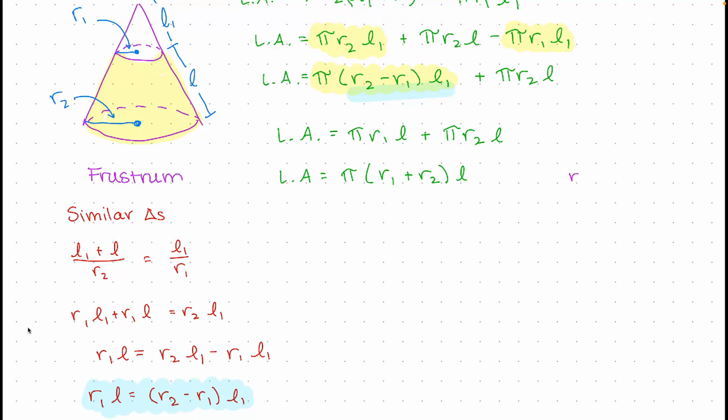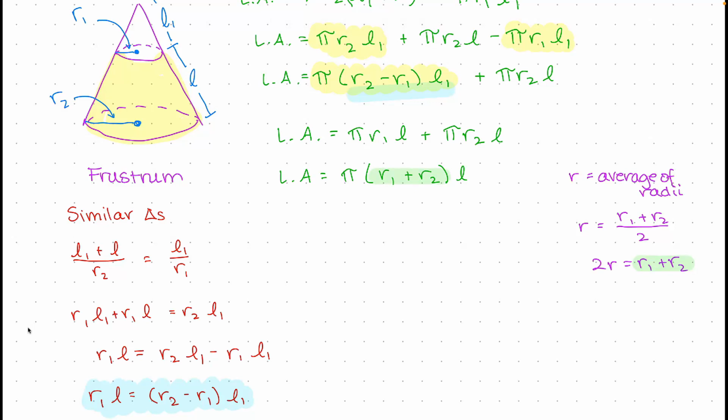If I call R with no subscript the average of the radii, that means that R is equal to R1 plus R2 over 2, or I could say 2R is equal to R1 plus R2, and oh my gosh, look, I have an R1 plus R2 in this formula.